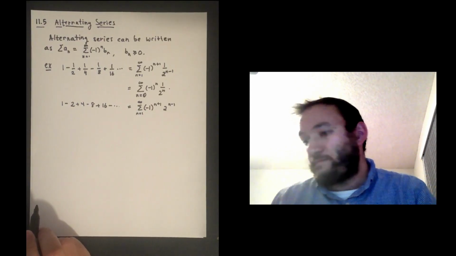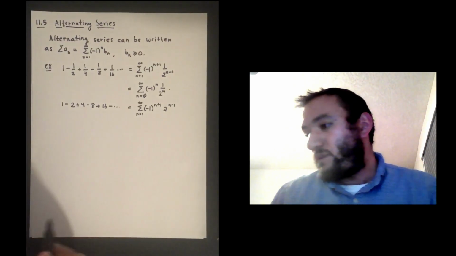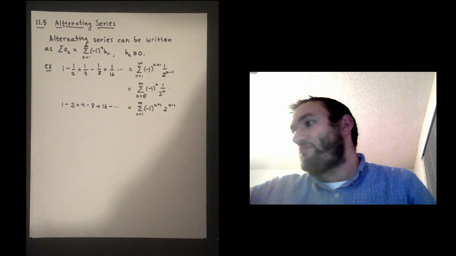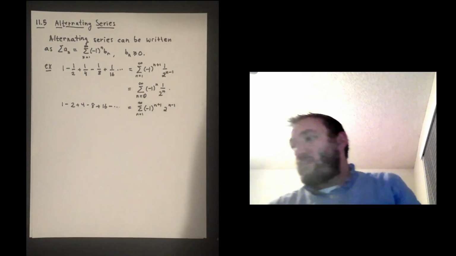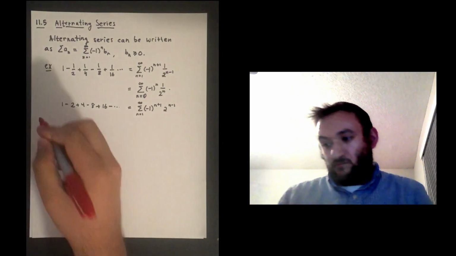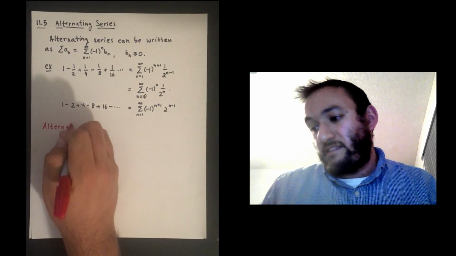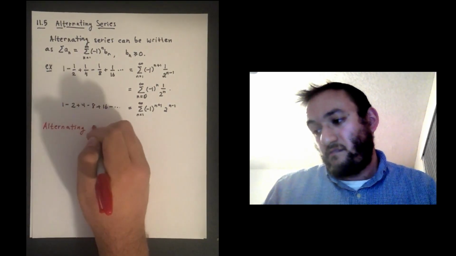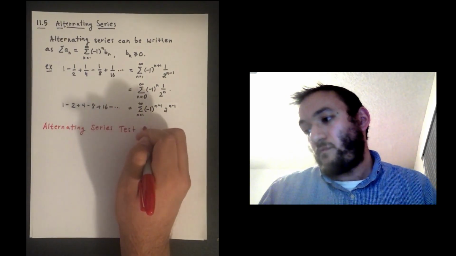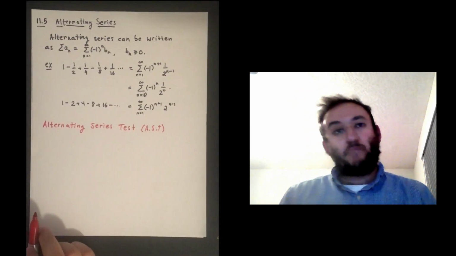alternating series. And alternating series have really special convergence properties. They have a test that you can apply to them. We'll switch to a separate color for that. The alternating series test, or the AST, is as follows.